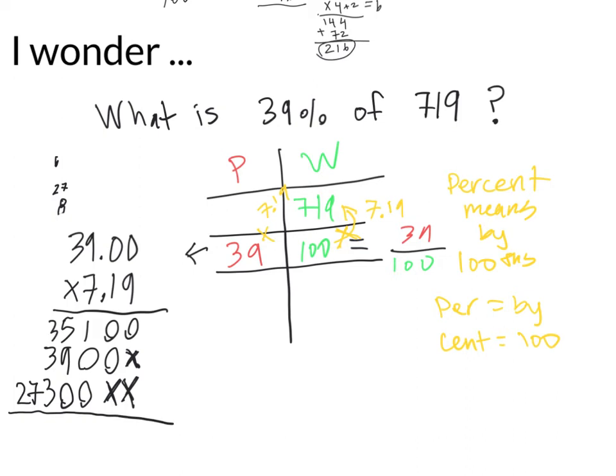We got a lot of zeros here, and that's okay. We could have done 719 times 39 and then just manipulated the place value, but let's just do it this way because it's less that I have to talk about and explain because the focus really should be on using this table, and this is sort of expected at this point by you.